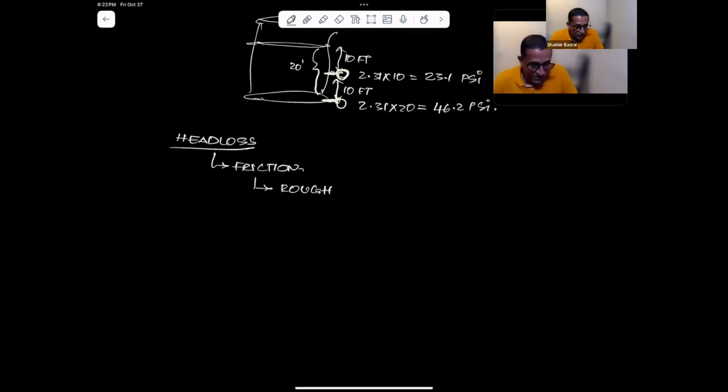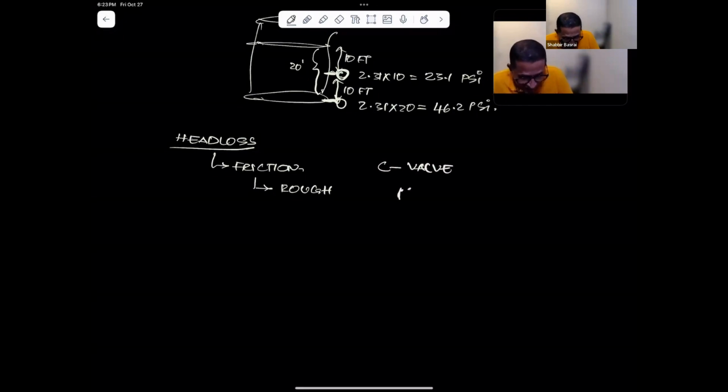When we say rough, if the pipe is smooth like a PVC pipe, then there is less friction involved. But if it has a lot of deposition, etc., then, yeah, exactly, C value. So C value is essentially a measure of the smoothness of the pipe.